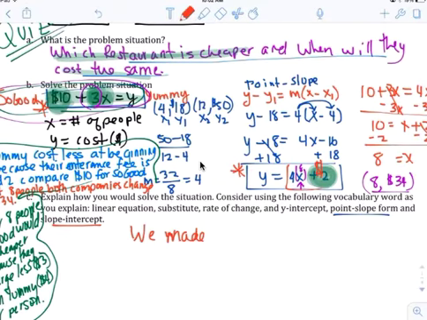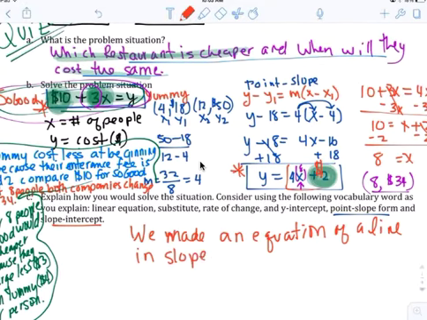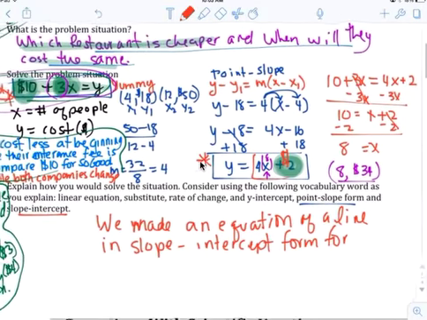We made an equation of a line, because it's a line. If we graph it, remember these are all graphs, in slope-intercept form for So Good.